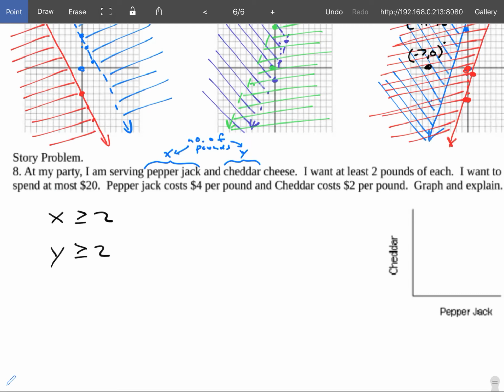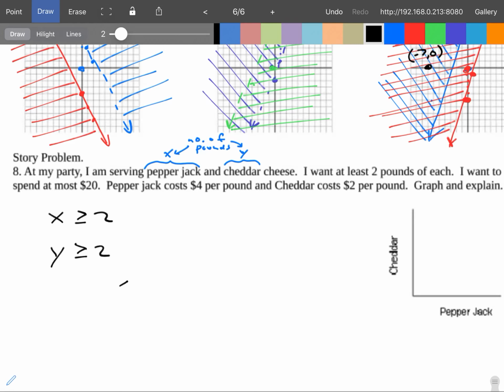What do you guys think? Less than or equal to? Yeah, good. Like if I'm going out Christmas shopping and I only have a $20 bill, then I got to spend less than or equal to 20, right? So we know this third inequality is going to have a less than or equal to 20.